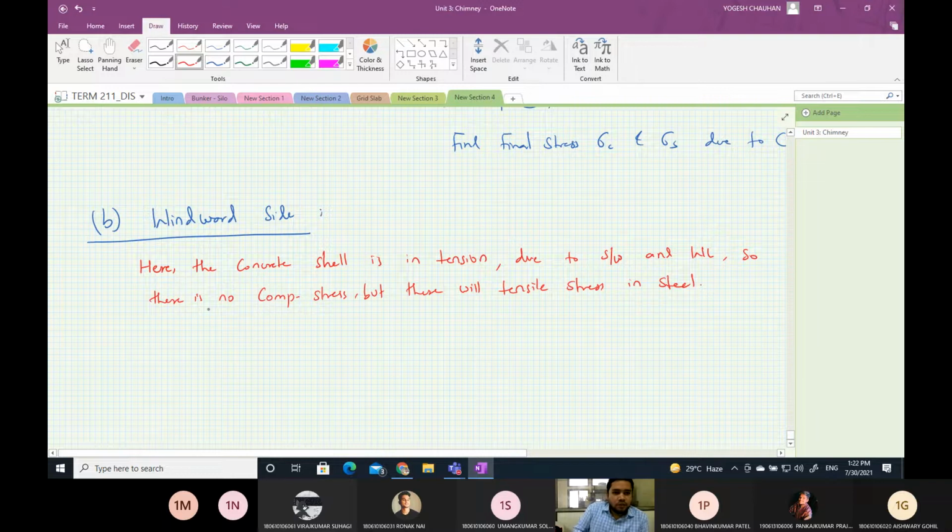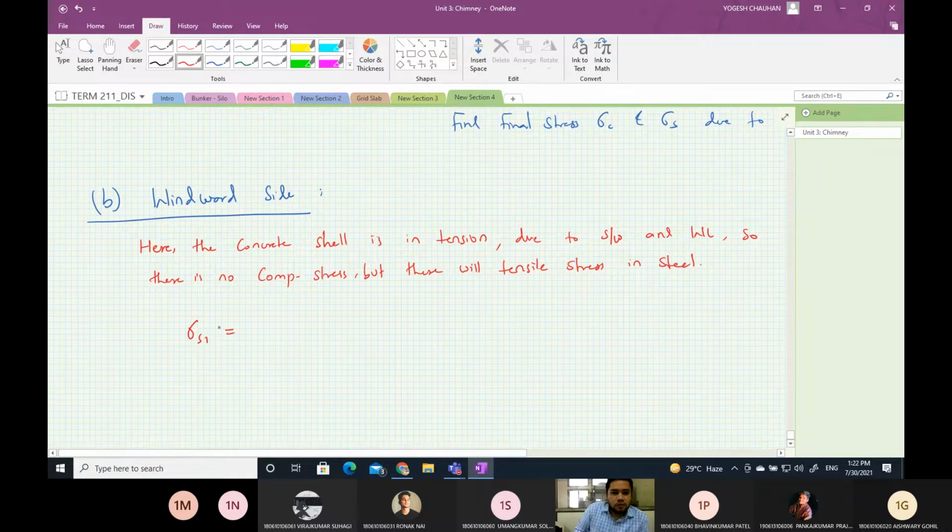Let sigma s1 be the tensile stress in steel due to self weight and wind load.